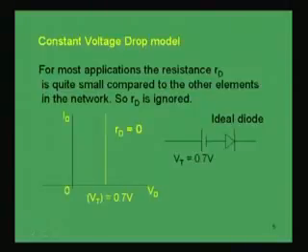So, in the constant voltage drop model, that means we do not take this average resistance of the diode into consideration and we ignore this. That means RD is ignored and it is made 0.